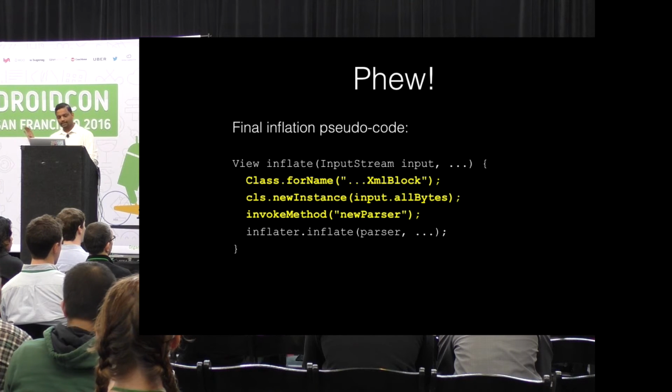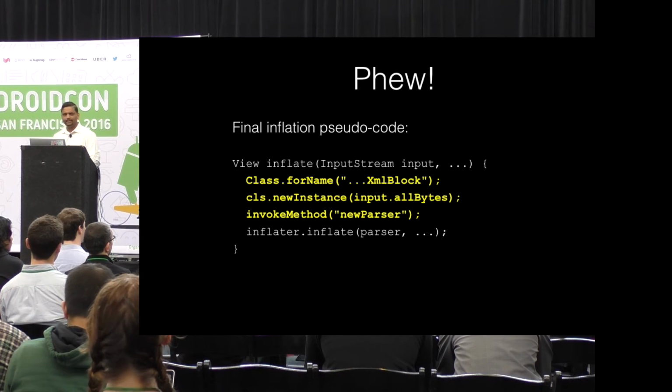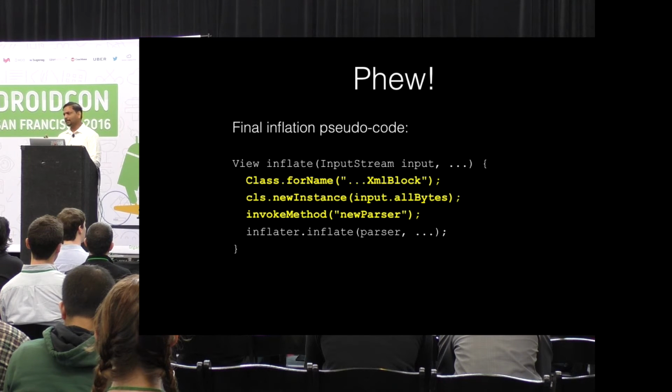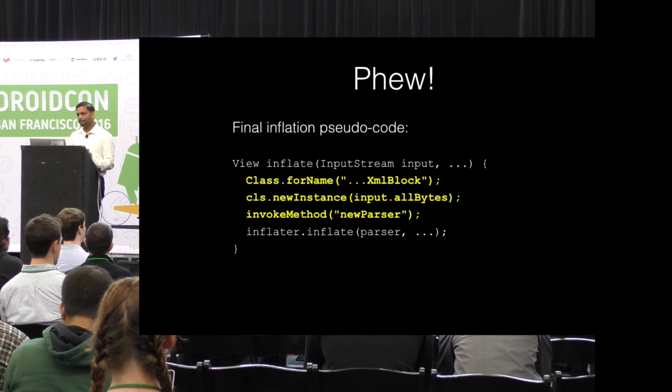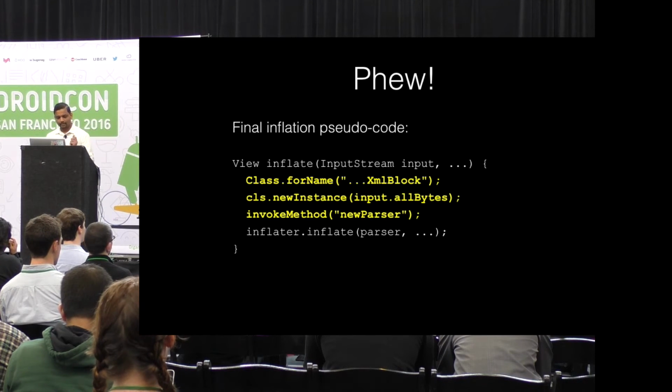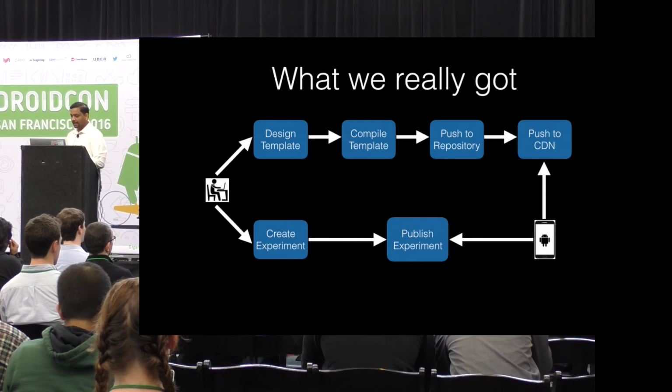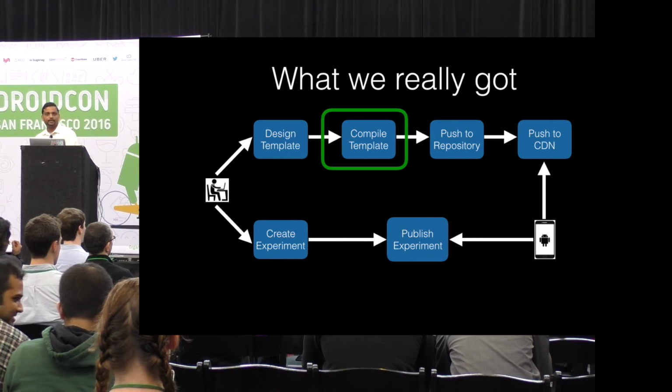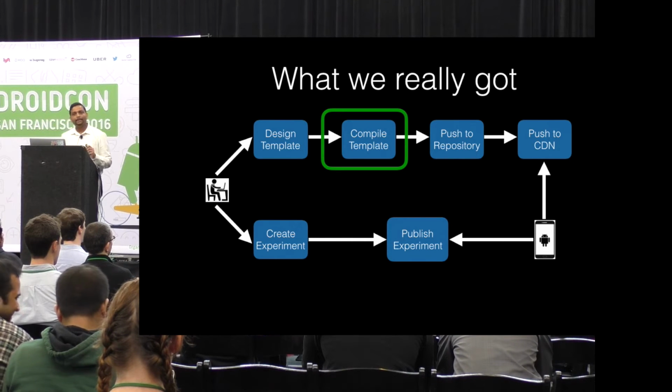As simple as that, which means that probably if you use this solution, the method count of your app increases by 2 or 3. It depends upon how you factor your code. So it doesn't impact your 64K limit as well. So what we have now is this new step in the process, which is compile the template, because that is what is understood by the inflator.